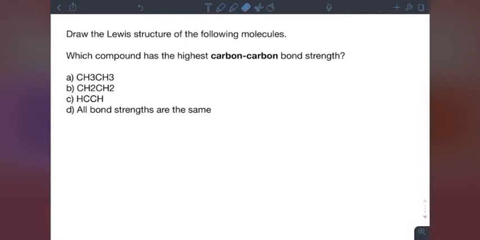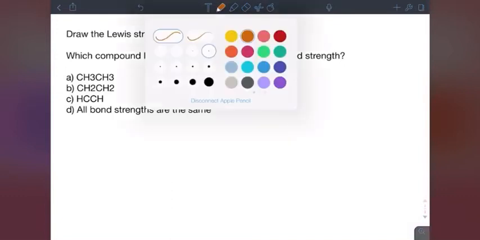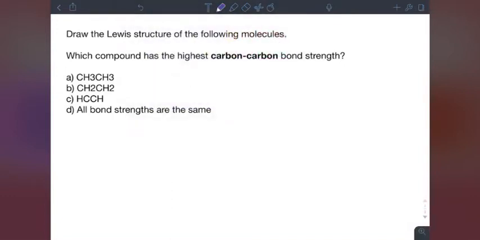Today we're going to be working on a problem on Lewis structures and the importance of formal charge. So this question is asking us to draw the Lewis structure of the following molecules and which compound has the highest carbon-carbon bond strength. So we're given here 3 molecules to work with: CH3CH3, CH2CH2, and CHCH.